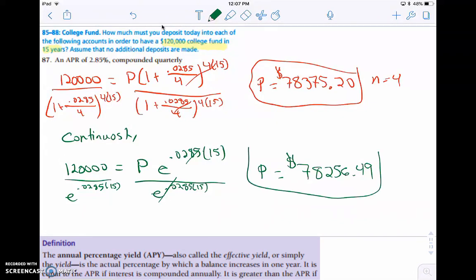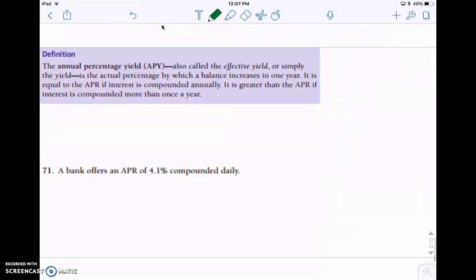So not a tremendous difference when we're compounding continuously, but we would need to invest about $119-ish less if we're compounding continuously in order to get that same goal. So compounding continuously is going to give you more yield in your interest over time, but it's not as drastic as some people think it turns out to be. But that's a comparison of the two when you're looking for a goal of $120,000.